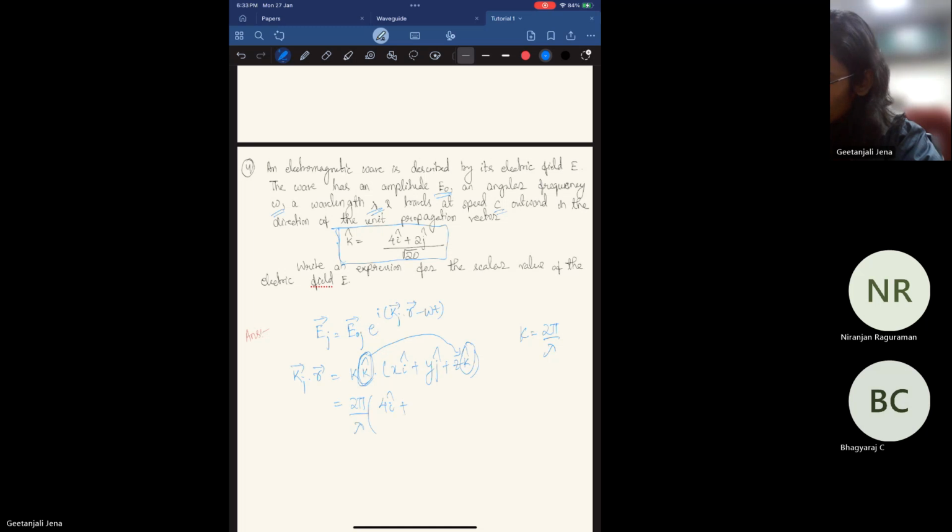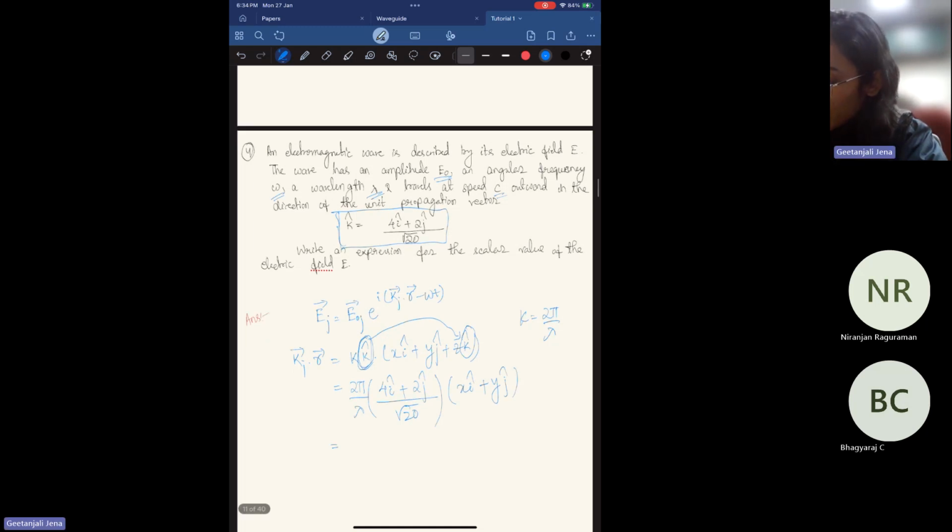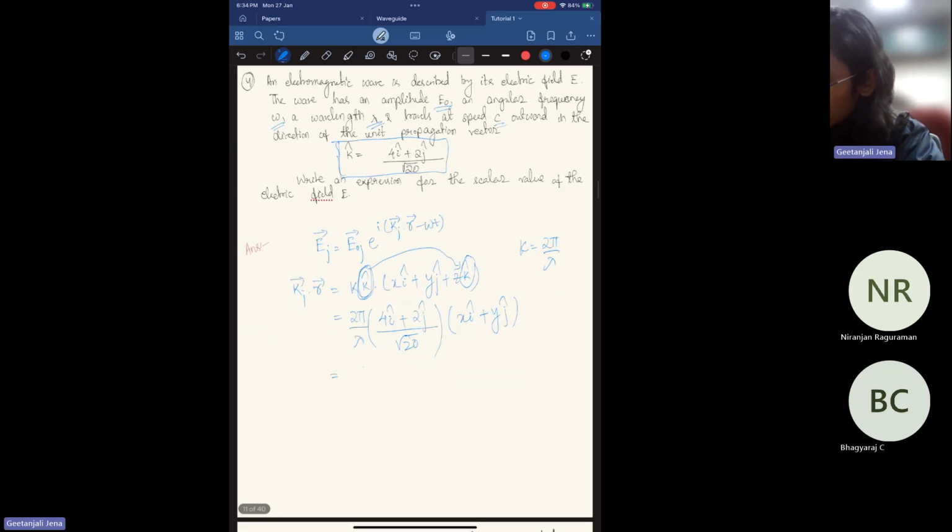So it is (4 i cap plus 2 j cap) over root 20, dotted with x i cap plus y j cap. And if you solve it, you will get 2 pi over root 20 lambda times (4x plus 2y).